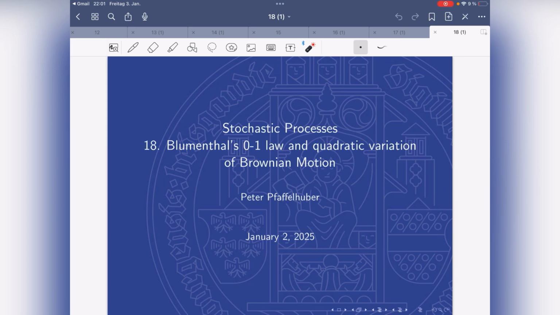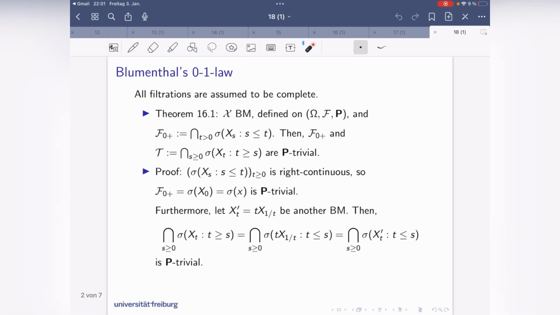So, quadratic variation. But before we come to this topic, there's another topic here, Blumenthal's 0-1 law.